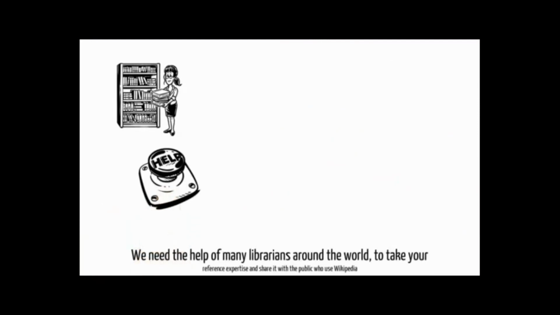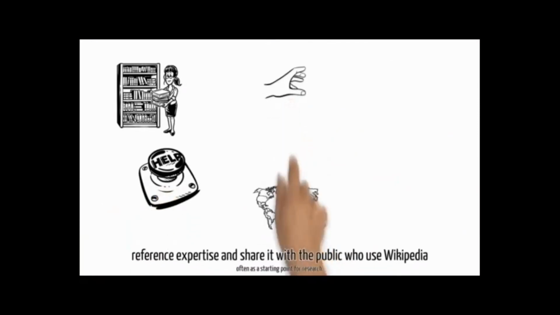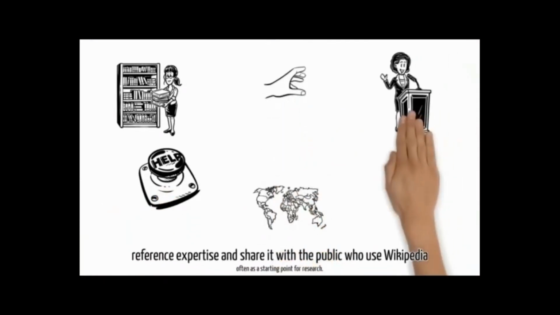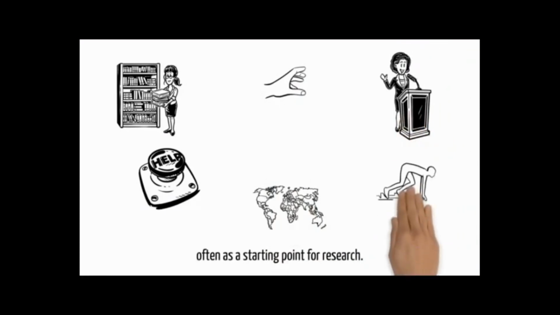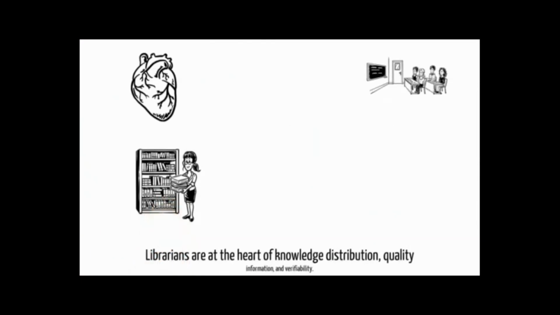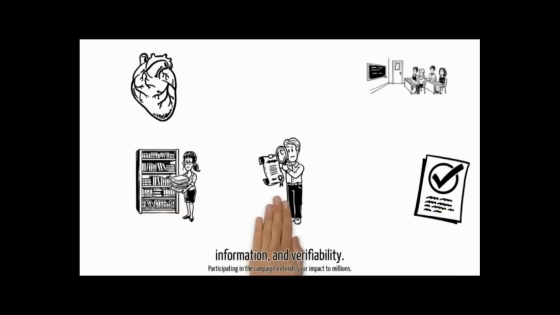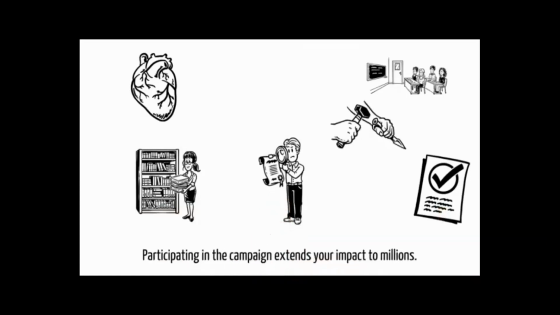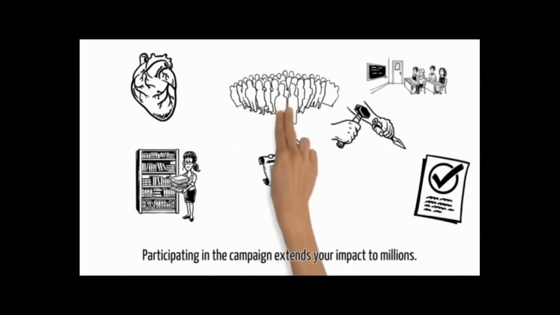We need the help of many librarians around the world to take your reference expertise and share it with the public, who use Wikipedia often as a starting point for research. Librarians are at the heart of knowledge distribution, quality information, and verifiability. Participating in the campaign extends your impact to millions.